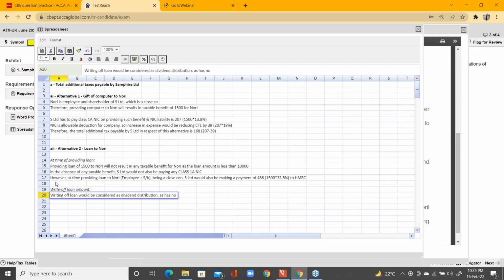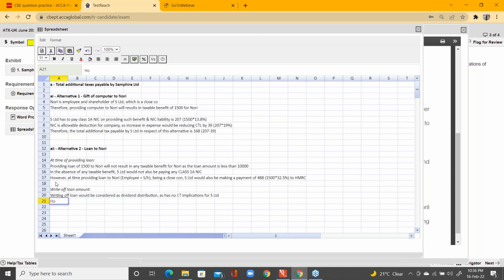First of all, let's think about the perspective of the company. If the company is providing any dividend, that dividend would not impact any corporation tax liabilities. Writing off loan would be considered as dividend distribution and has no corporation tax implications for S Limited.